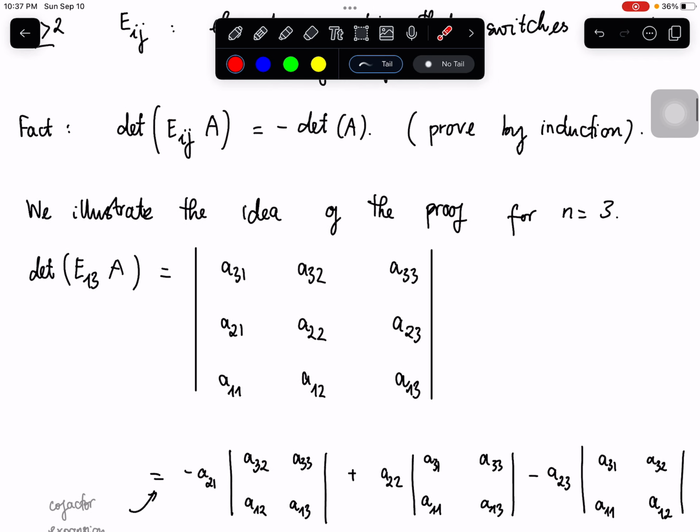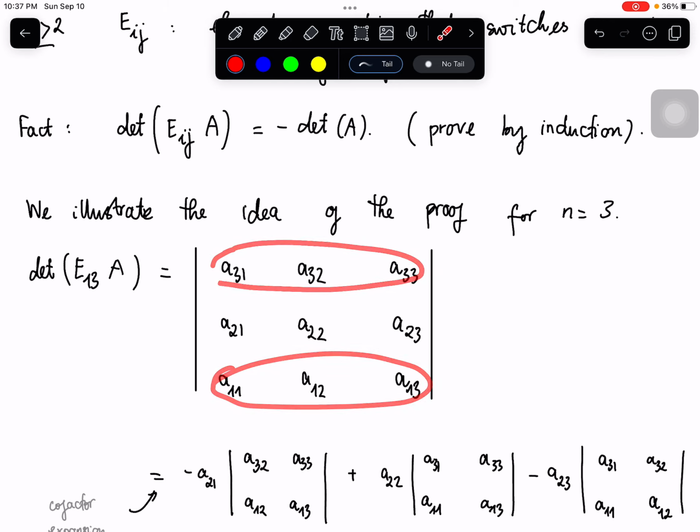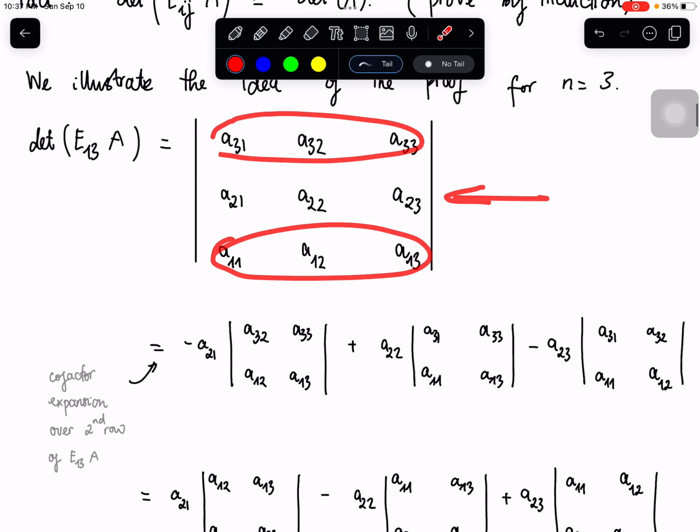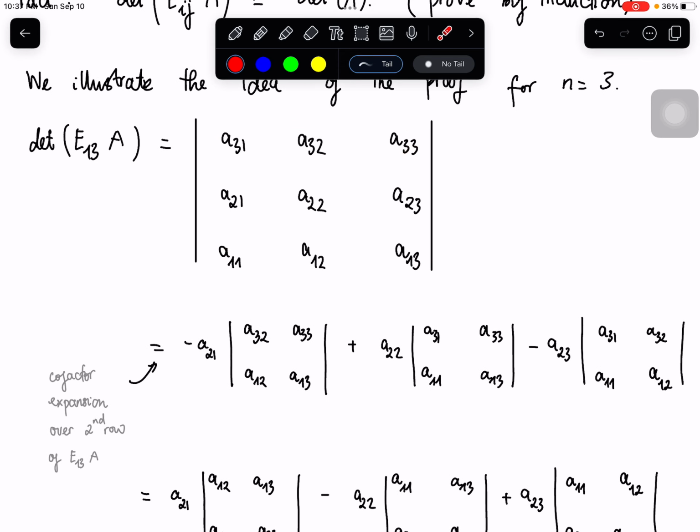Here's the idea for n equal to 3. Now we have a 3 by 3 matrix. If we exchange two rows, row 1 and row 3, here's the resulting matrix. Row 1 becomes row 3 and row 3 becomes row 1. Row 2 we keep the same. Now what do we do? We will use the definition of determinant.